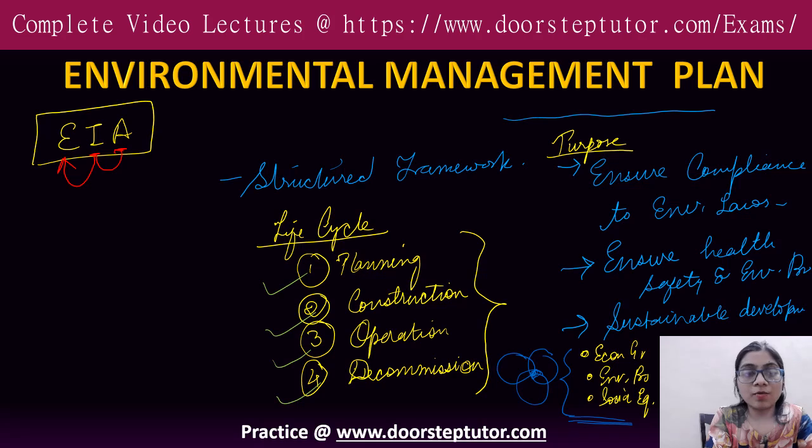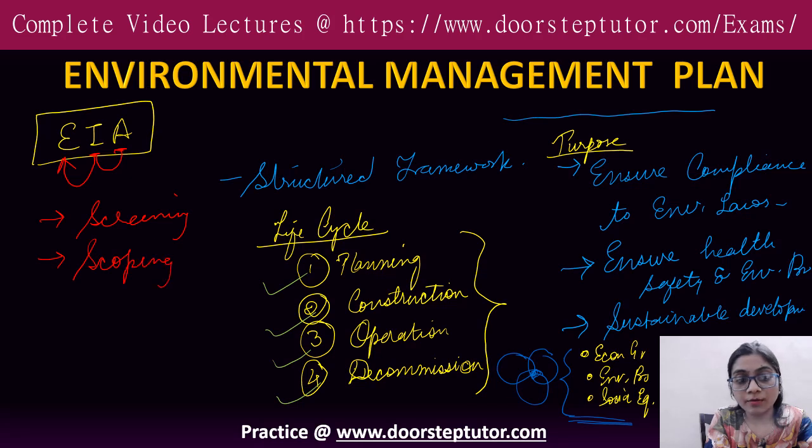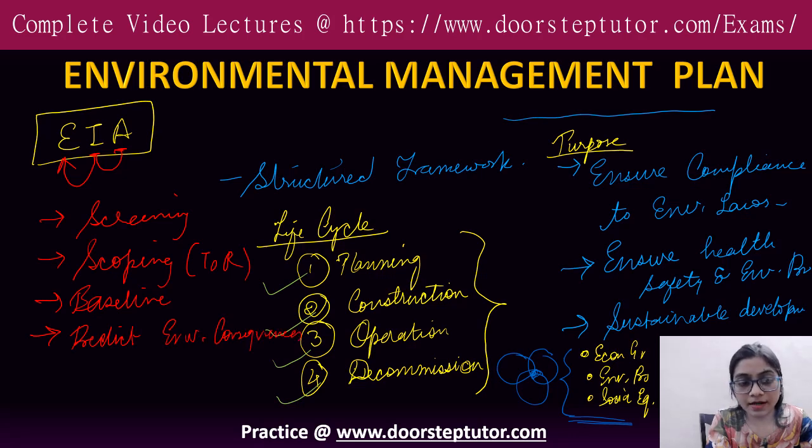So in EIA, you must have heard about the process like screening, where we screen whether the project requires EIA or not. Then scoping, where you formulate your terms of reference, right? And the third one is your baseline study, where you study the current state of that particular area before the implementation of the project. Then you predict all the environmental consequences, especially the negative ones, and then you plan mitigation steps.